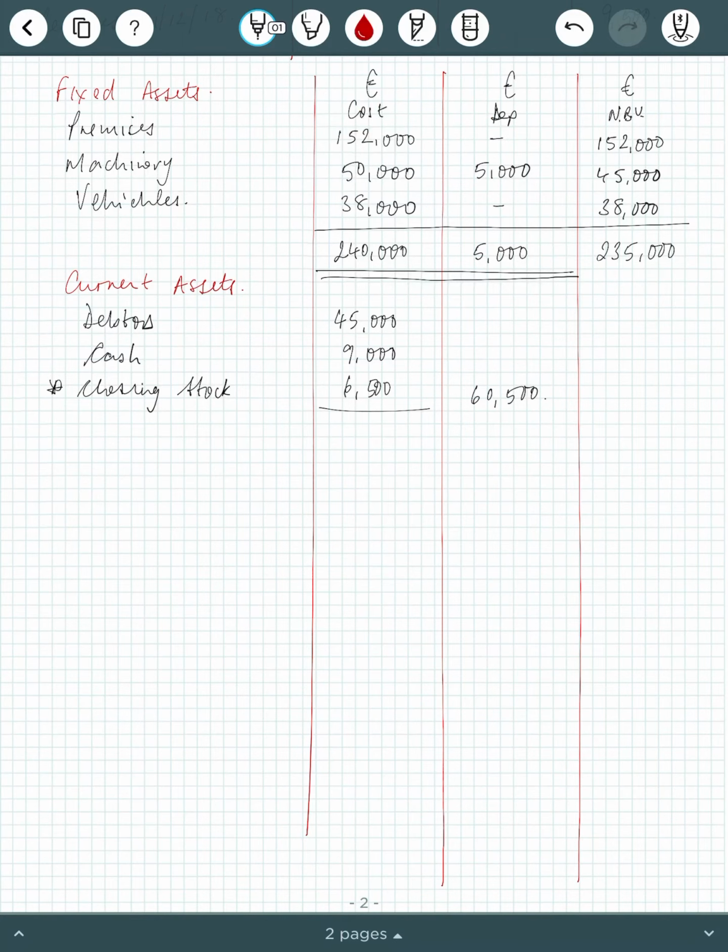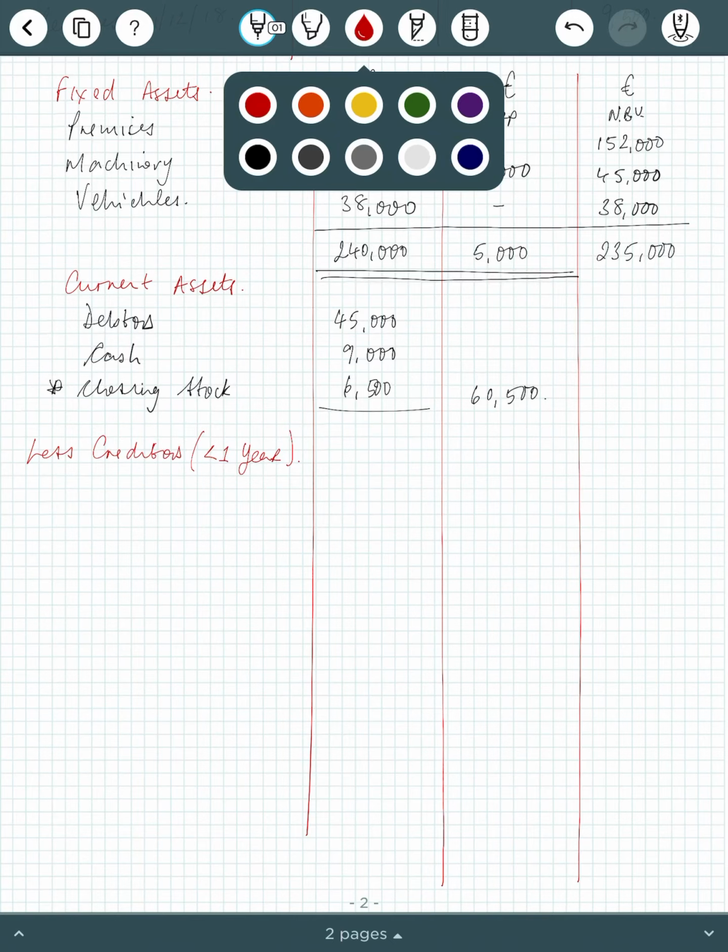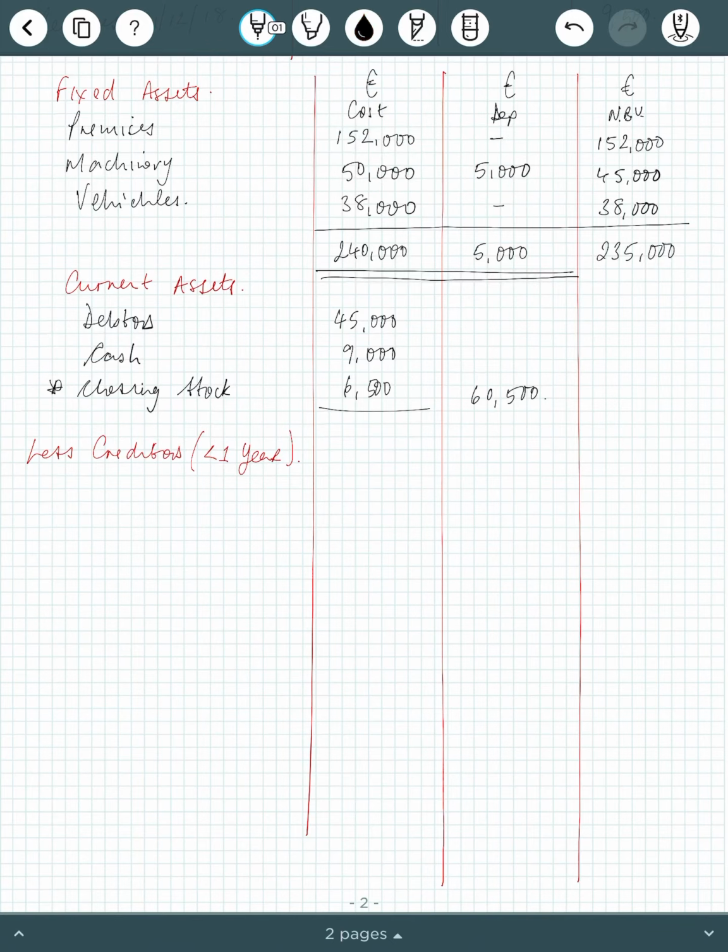Now, our next heading is less creditors falling due less than one year. In this question we've got two of them. The first one is creditors, and your creditors there is 14,000.